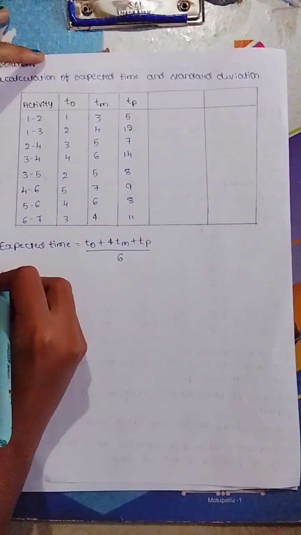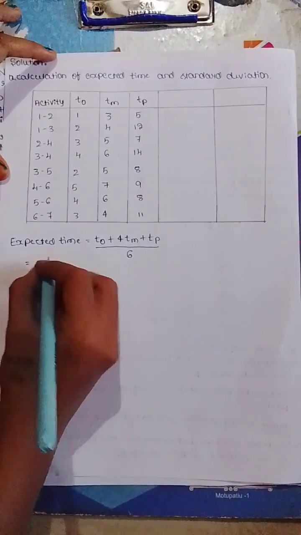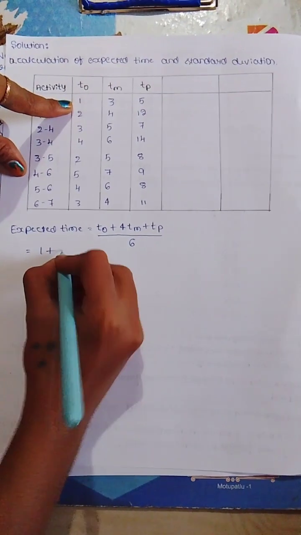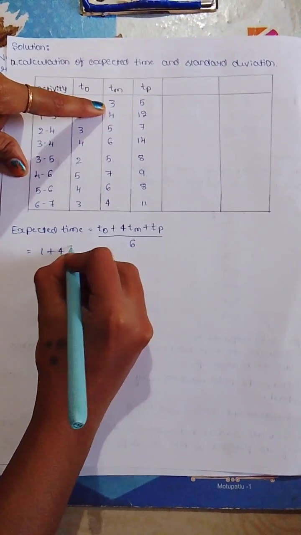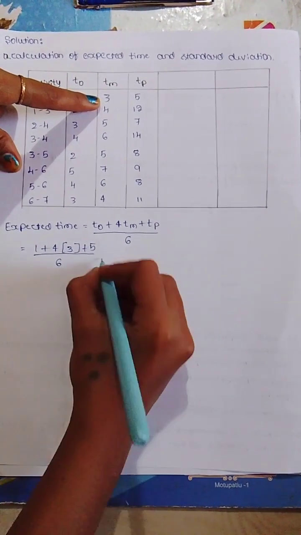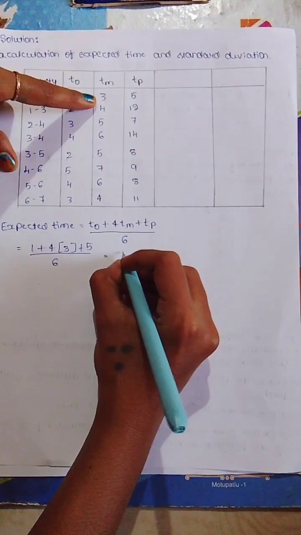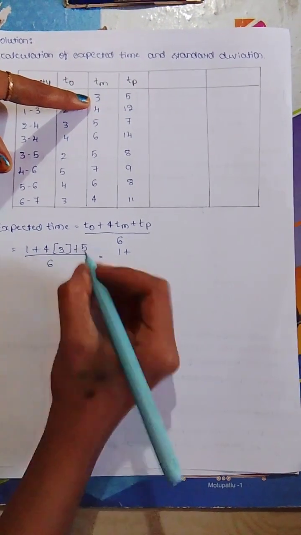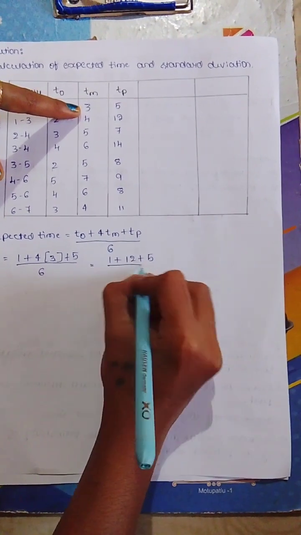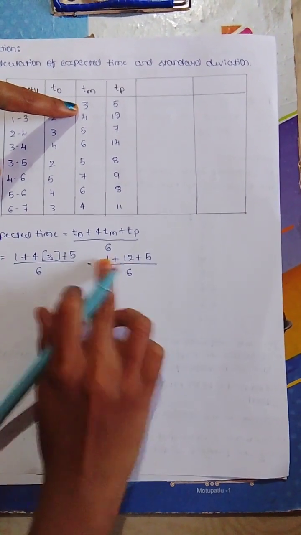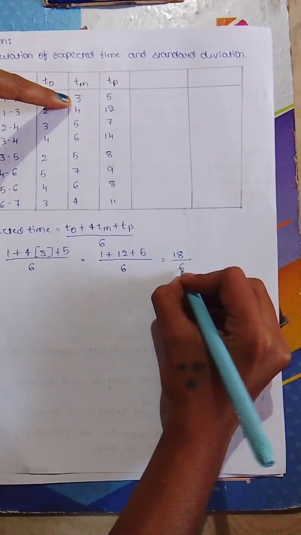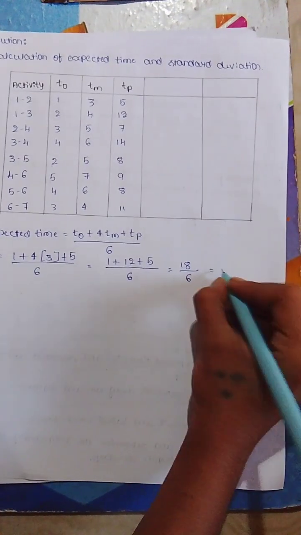For activity 1 to 2, expected time is: first optimistic time is 1 plus 4 into most likely time is 3 plus 5, divided by 6. 1 plus 4 into 3, 12, plus 5 divided by 6. 1 plus 12, 13. 13 plus 5 is 18. 18 divided by 6 is equal to 3.